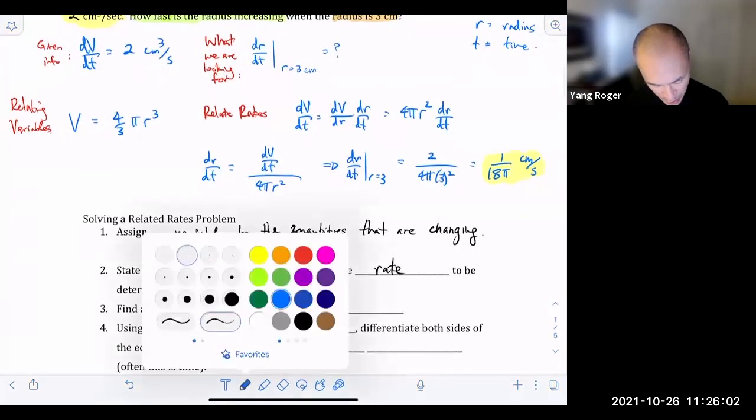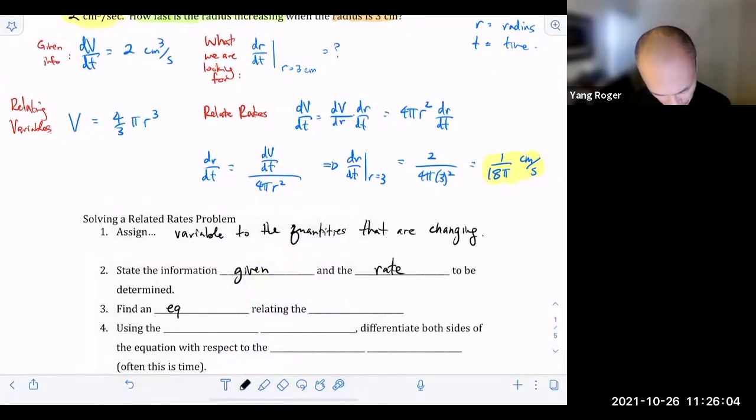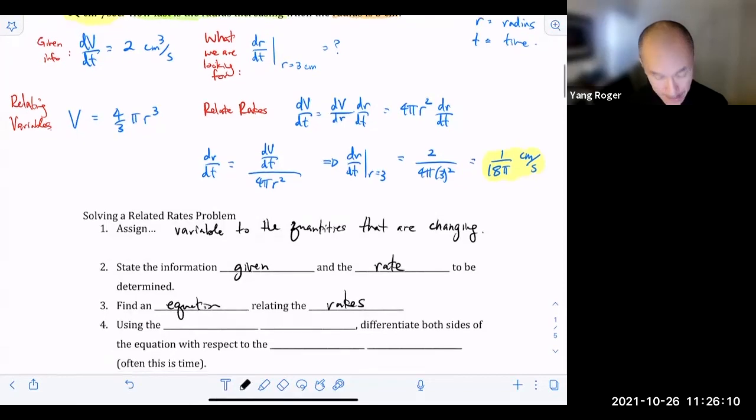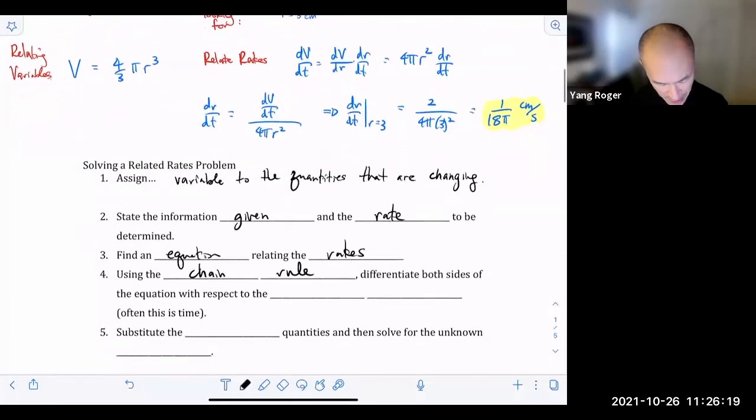The next thing we want to do is find an equation relating the rates. And then using the chain rule, we're going to differentiate both sides of the equation with respect to the independent variable.